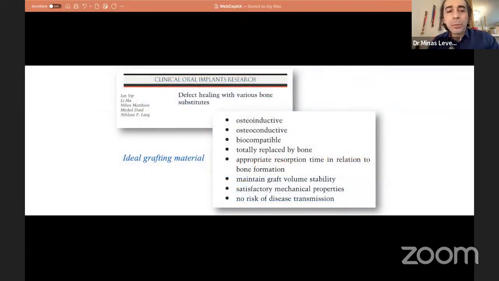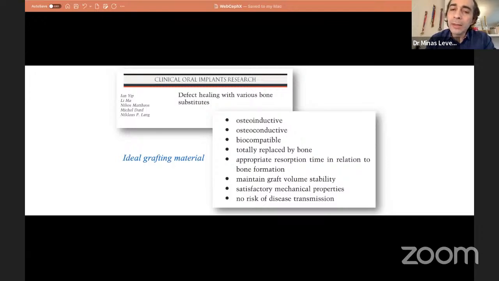These are the properties of the ideal bone grafting material. This is from a very nice paper from the team of Lang when he still was in Hong Kong University. And in the introduction, they very nicely describe the properties of the best bone grafting substitute, theoretically, of course. And these are all the important properties. It has to be inductive, conductive, biocompatible.